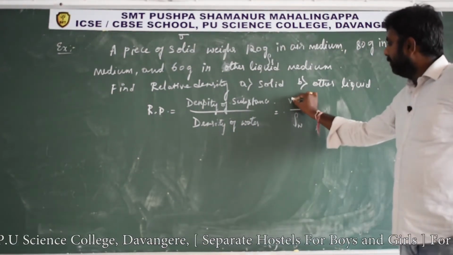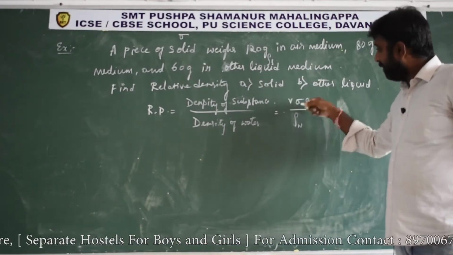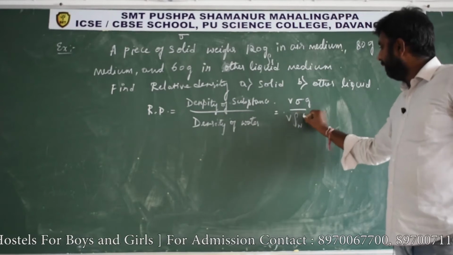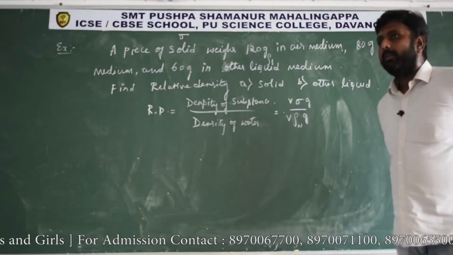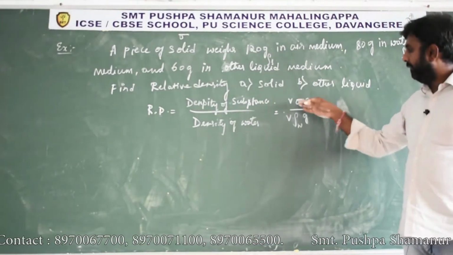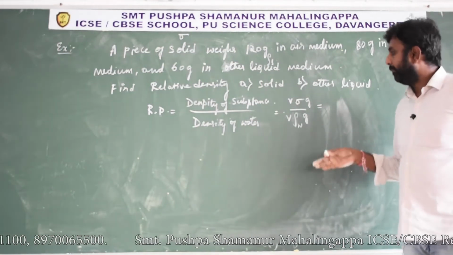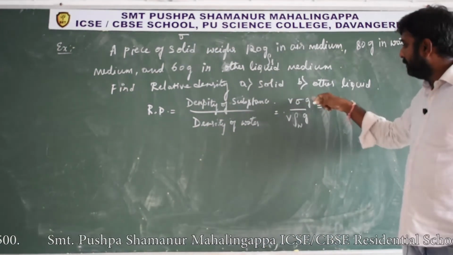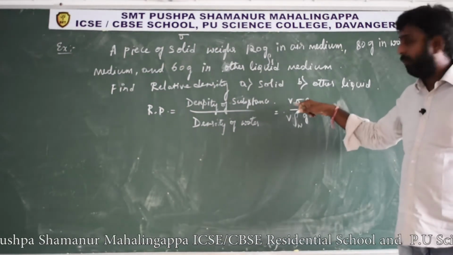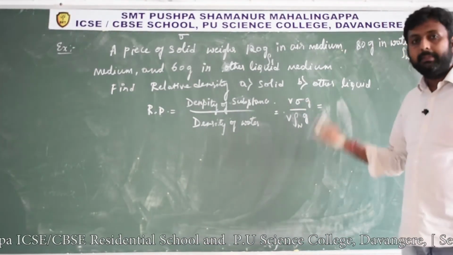Next, on both sides I will multiply and divide by Vg. By doing this, V sigma g is nothing but mass into g, volume into density is mass, mass into g is nothing but weight.